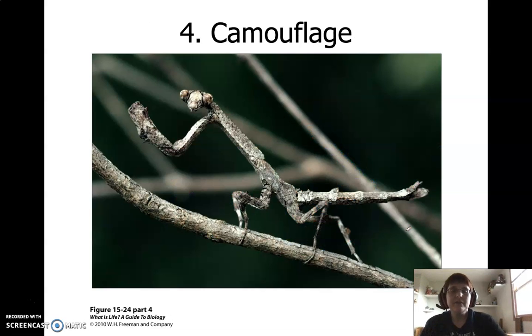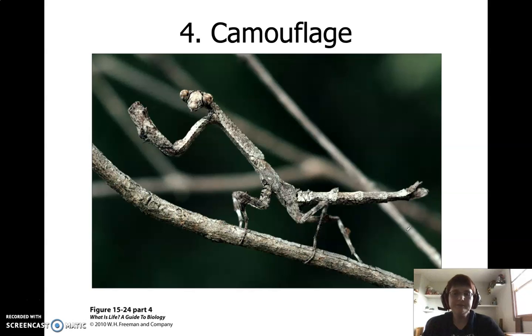The last of the physical defenses is camouflage. So you can go either warning coloration, back off, or you can camo and hide yourself. So we saw these guys at the very beginning of the semester, the praying mantises. And so these guys go the opposite direction and hide. And you can camouflage yourself in lots of different ways. So the most common way is to make yourself look like something else.